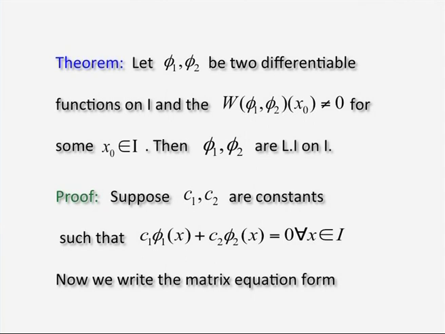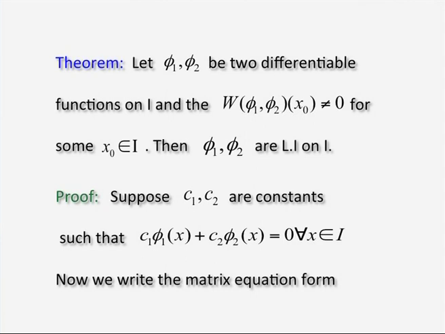Now I will give a very important theorem in this lesson. Let φ1, φ2 be two differentiable functions on I, and the Wronskian of φ1, φ2 at x naught is not equal to 0 for some x naught belongs to I. Then φ1, φ2 are linearly independent on I. Now I will come to the proof of this theorem.